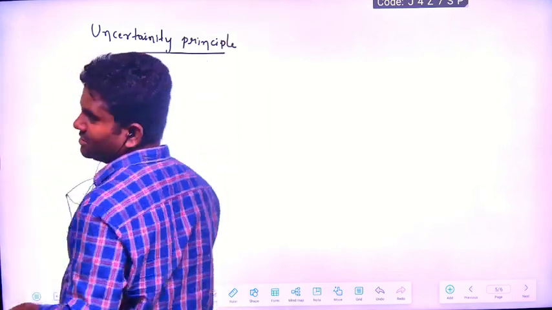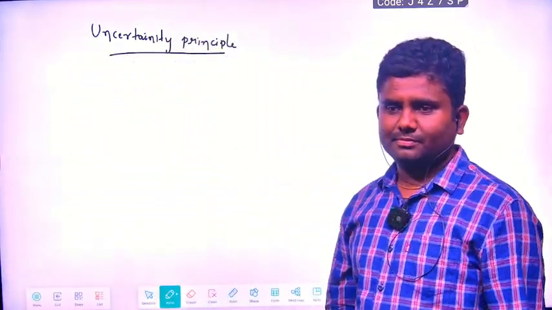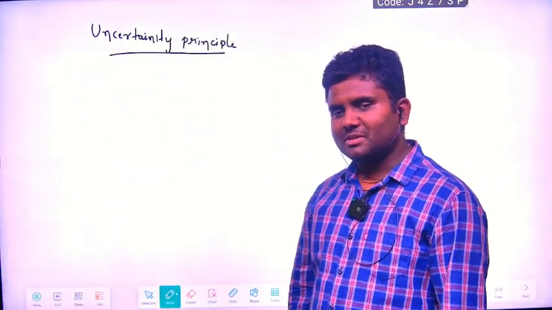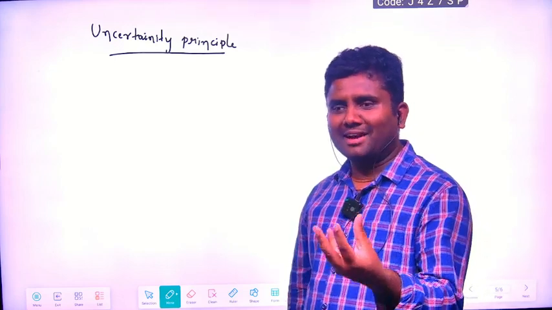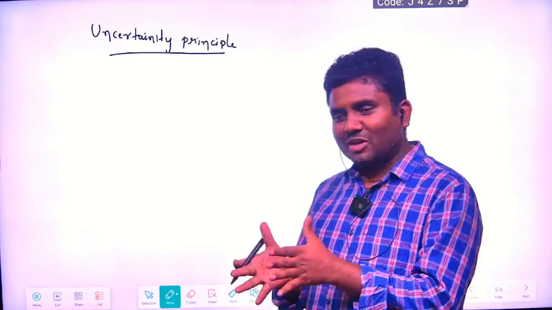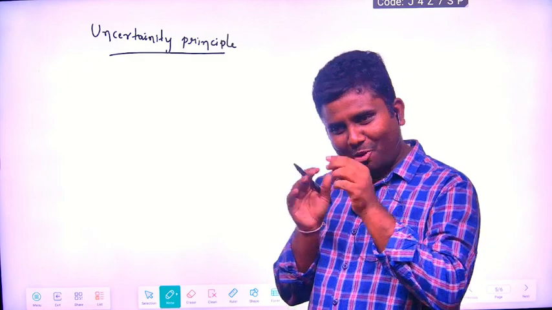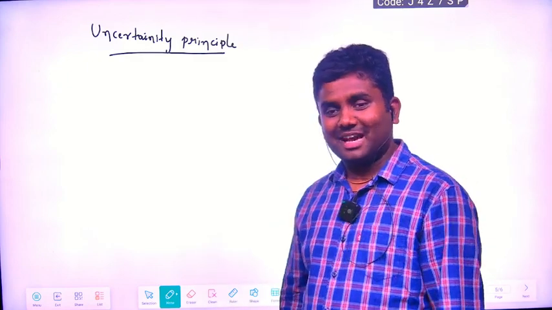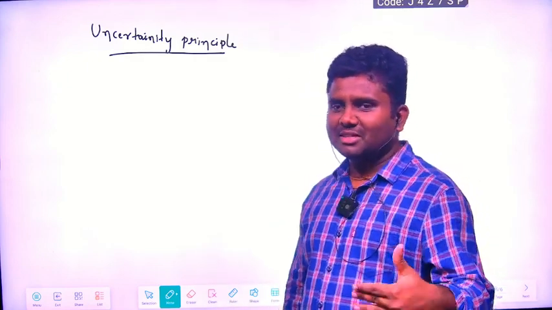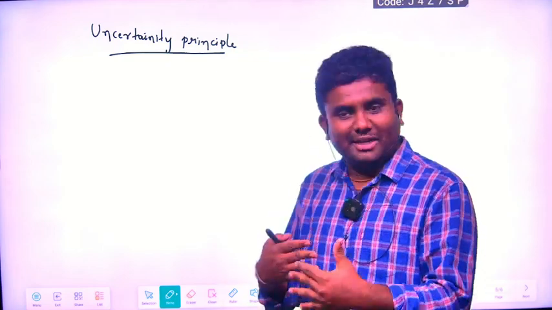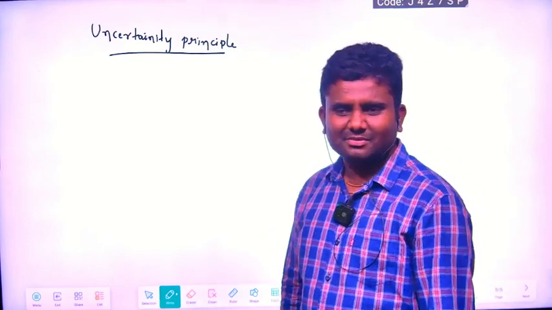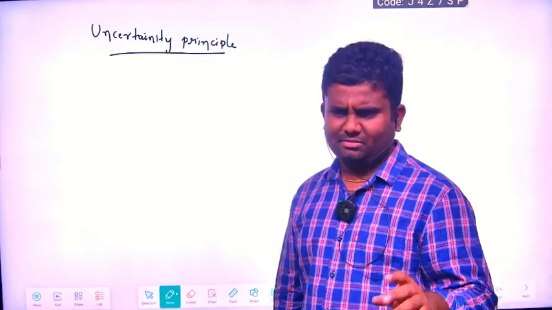What do you mean by uncertain? Uncertain means you cannot predict properly. It is not accurate. You cannot find it accurately. It will change every time.